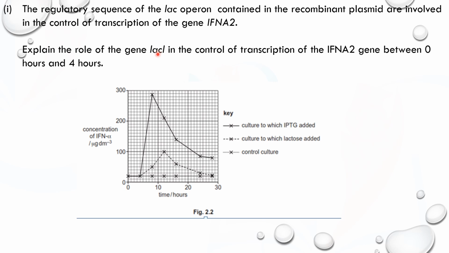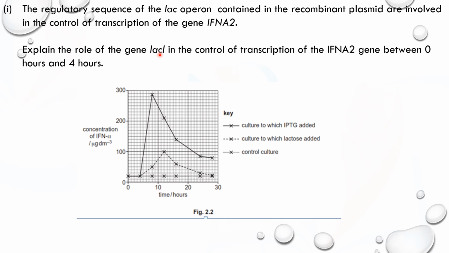So what does that mean? It codes for a repressor protein. That repressor protein prevents transcription from occurring. How? That repressor protein binds to the operator and prevents RNA polymerase from binding to the promoter. Please don't forget that. So LAC-I is a regulatory gene.